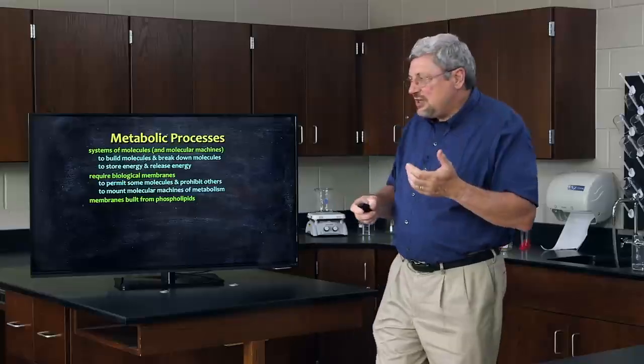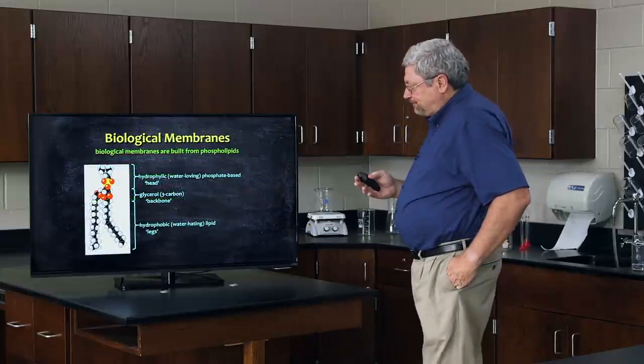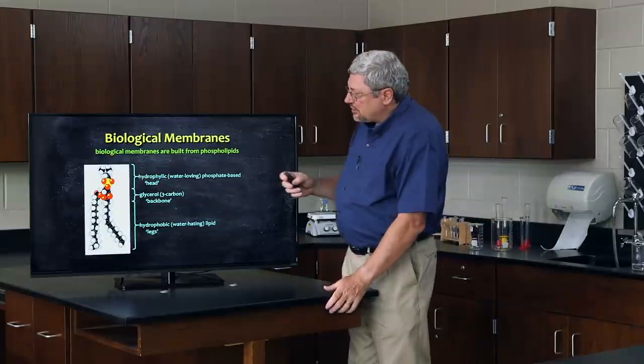And the third one is attached to a phosphate group, or something that's actually dissolvable in water. This gives the phospholipid an interesting structure that turns out to be very important in organisms.